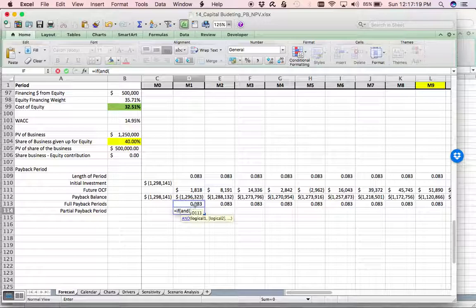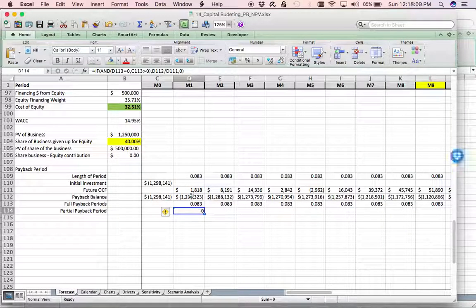So if the current period full payback is equal to 0, meaning that everything's been paid back, but the prior period is greater than 0, meaning we haven't paid back yet, then I want to take the ratio of the amount paid back, or basically the balance divided by the payment. It's a little bit complicated. You'll have to go read on what we're trying to do there to understand why. And if that's not the case, it's equal to 0.